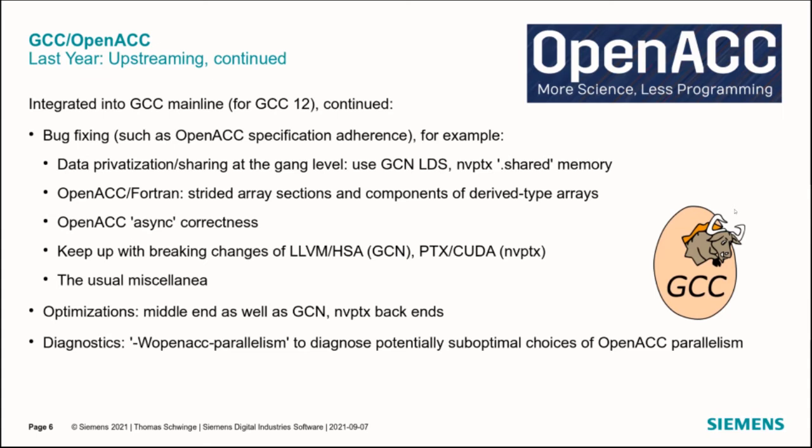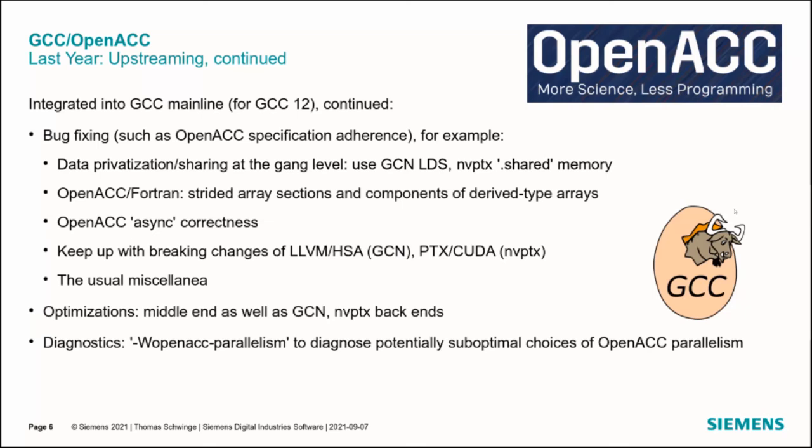So when, for example, your OpenACC parallel construct specifies num_workers to request a number of workers for using OpenACC worker parallelism, but you don't actually have an OpenACC loop construct with a worker clause inside. Things like that.